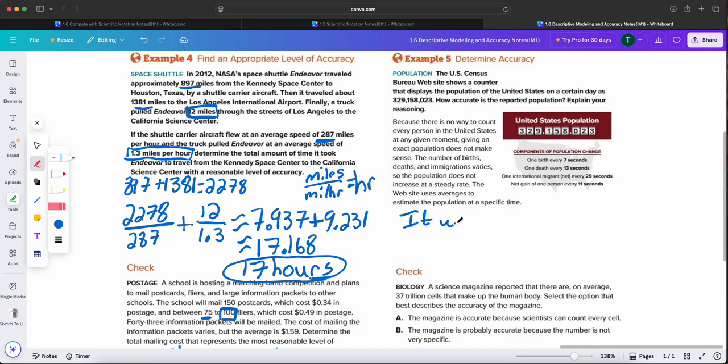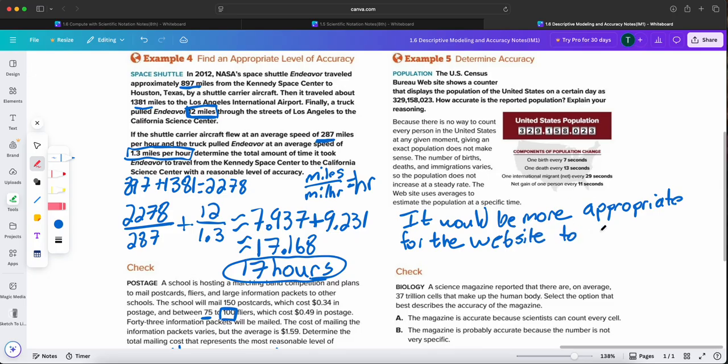So it would be more appropriate for the website to report the population as about 329.2 million.